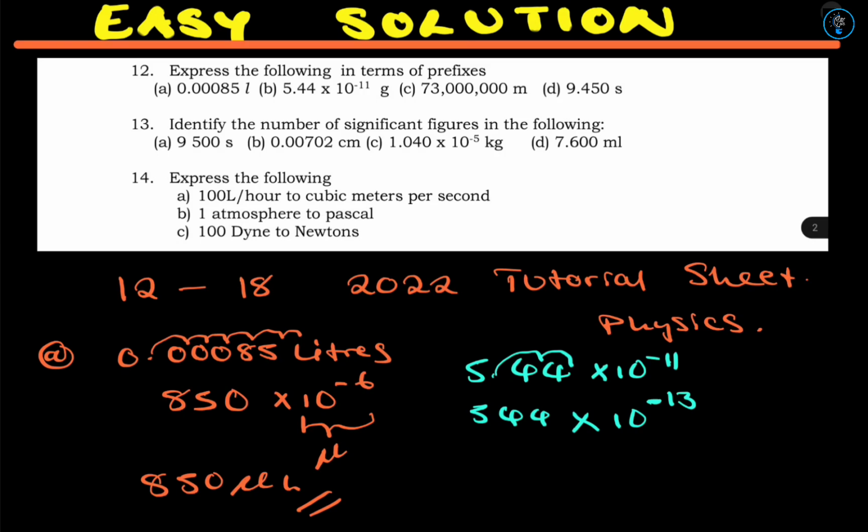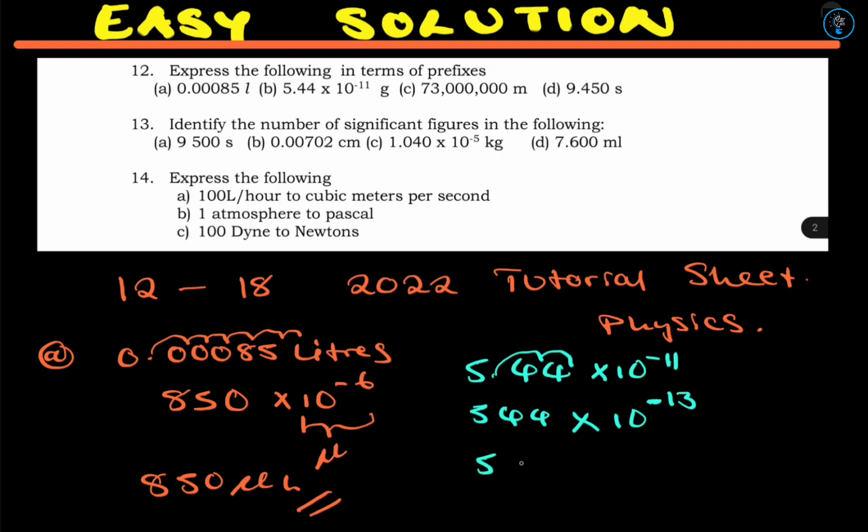Now, we can check our list of prefixes under the metric system. Which prefix has this kind of exponent? We don't have anything with 13, but we have something with 12. So let's write it to 12.